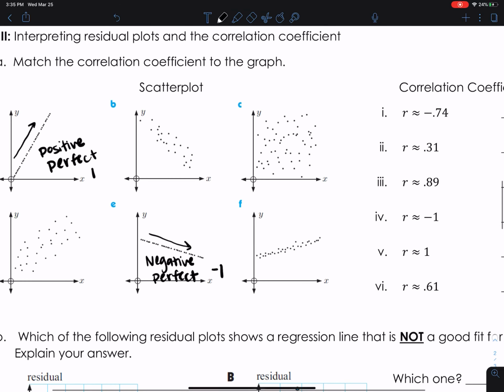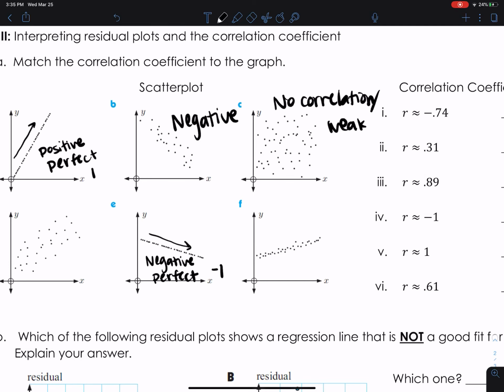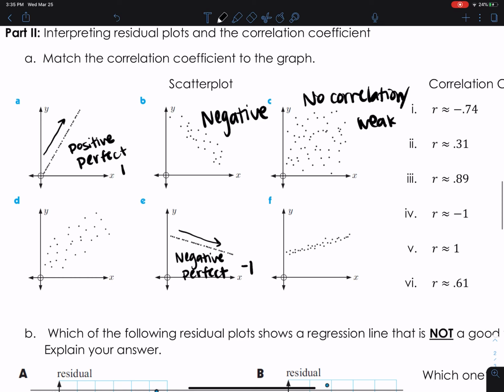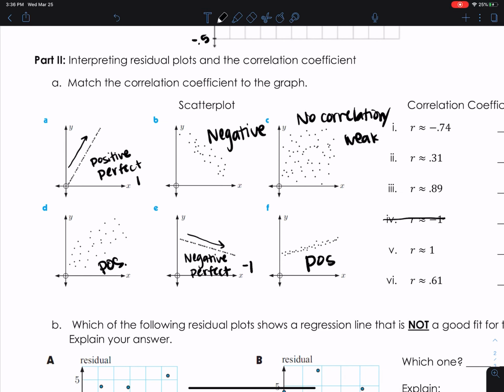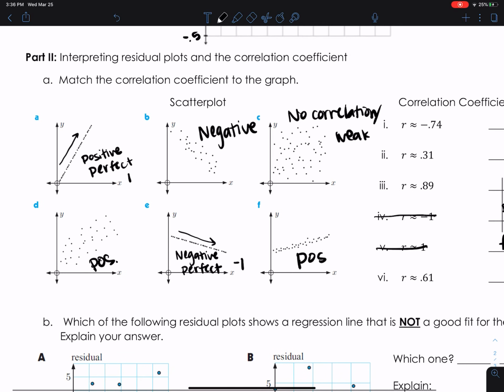And then on B, this one we know is negative. This one looks like it has no correlation, or it's very weak. D is positive, and F is also positive. So we've already done Roman numeral 4 and Roman numeral 5.